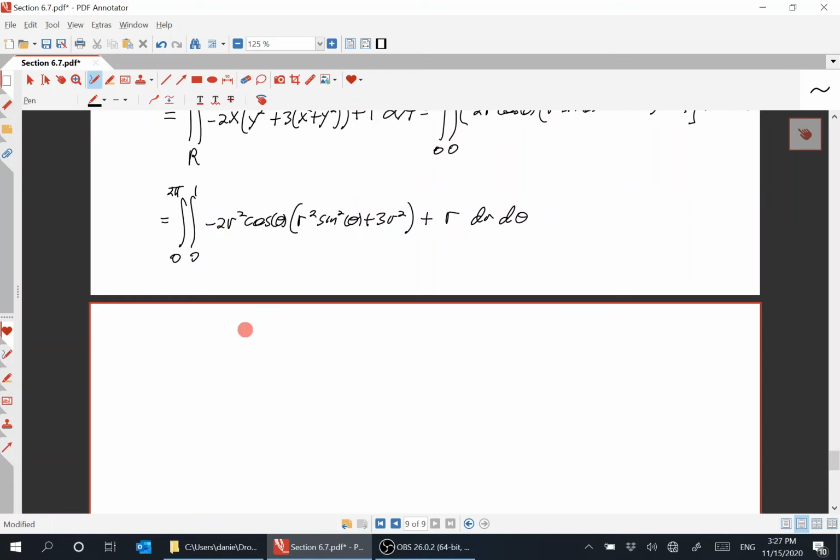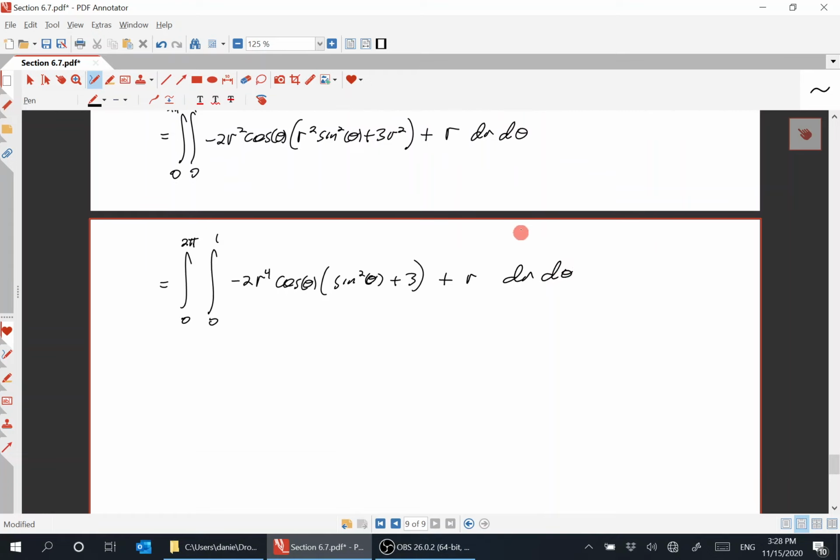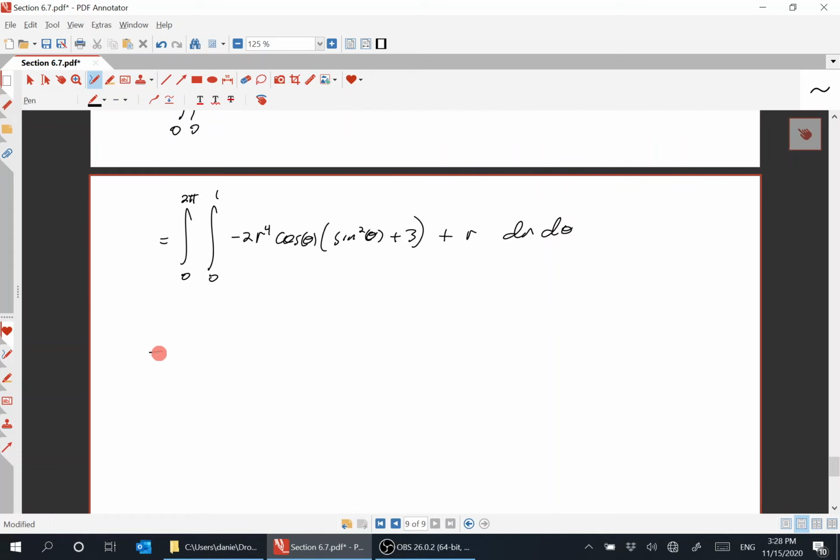Factor an r squared out of here. So I have minus 2 r to the fourth cosine of theta sine squared of theta plus 3 plus r dr d theta. So antiderivative with respect to r, so all this in here is just constants. So I have minus 2 sine squared theta plus 3 times cosine theta.